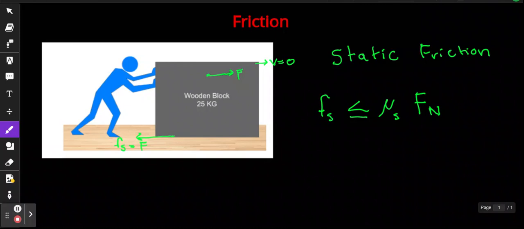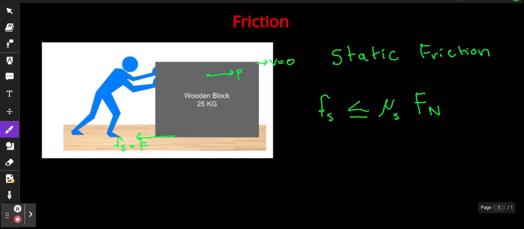So if we exert a force less than mu sub s times the normal force of the object, it will not move because static friction will cancel that out, so our net force is 0. If our force was greater than mu sub s times normal force, then the object would begin to move.